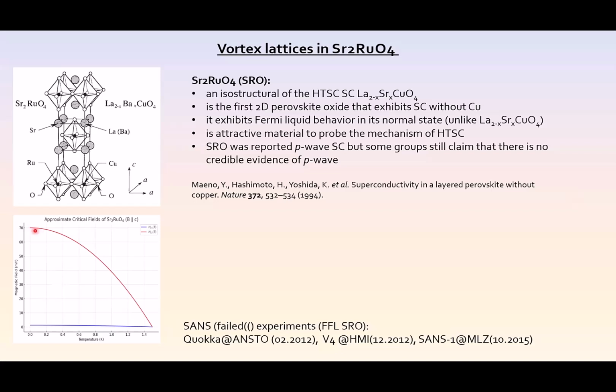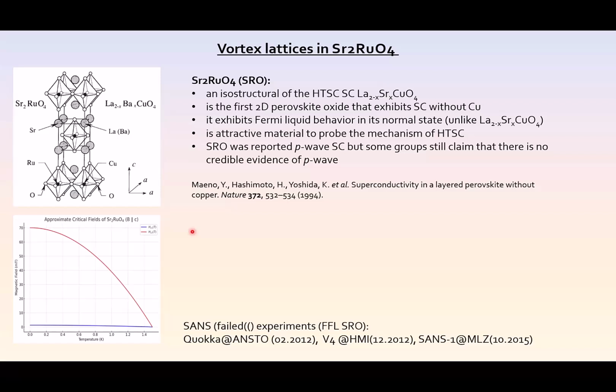So we need to apply a very low field, and then the distance between these flux line lattices is very large. So we practically need to measure in the so-called USANS regime, in a regime of very small angles.